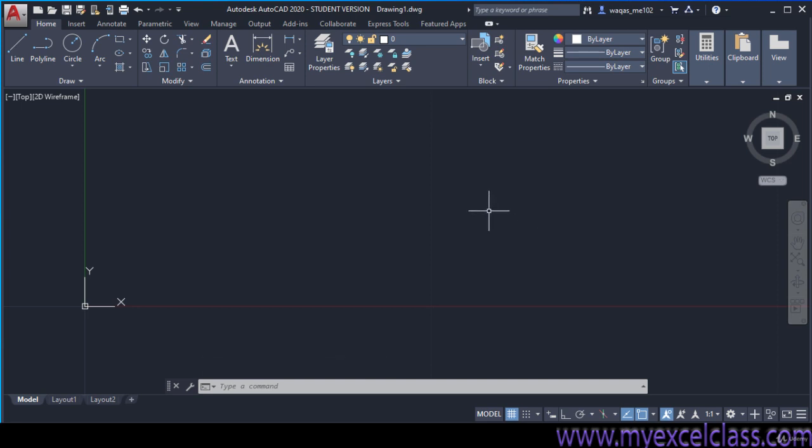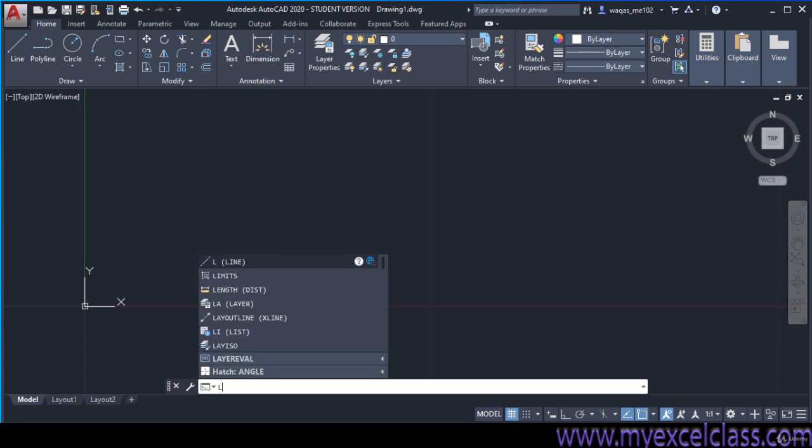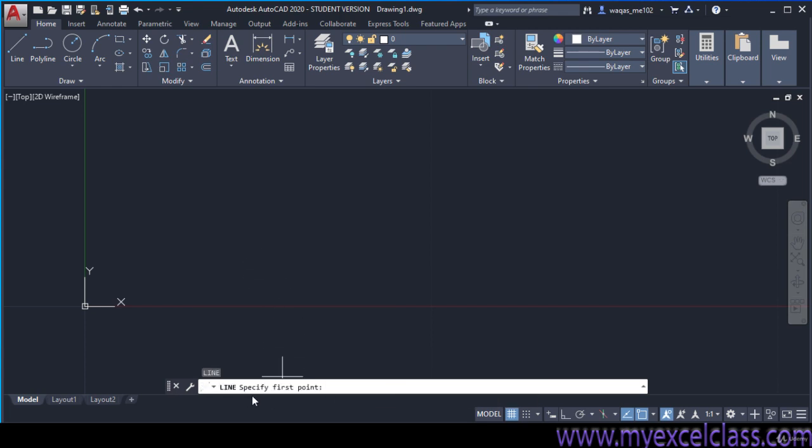So let's start. Again, I will click the line command, or I will type L. Based on the line command, it asks to specify the first point. In the relative coordinate system, the first point will be the same as in the absolute coordinate system, that is 0, 0.